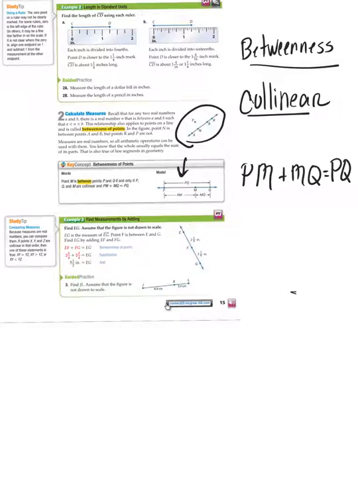Now, in example 3, if I'm trying to show that F is between E and G, first of all, I observe that I do have collinearity.